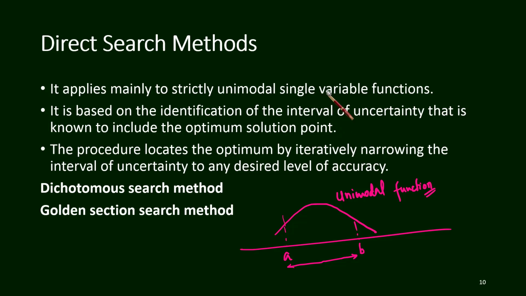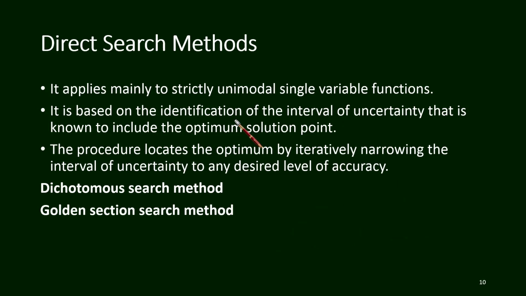So basically direct search methods are used for single variable, but when this method is generalized, it can be used even for multivariable functions. So we will first see single variable, how to use these methods in single variable functions, and then we will go for multivariable. So how does this work?